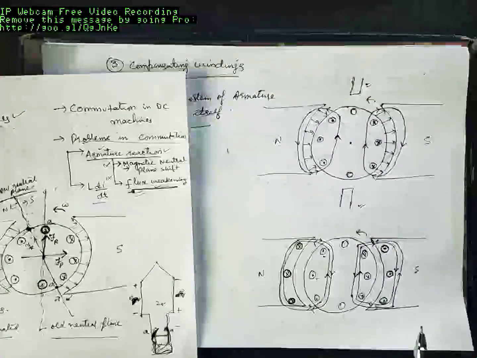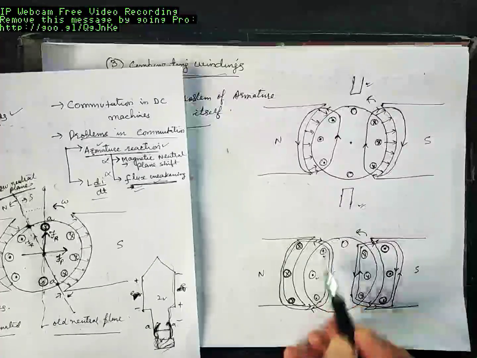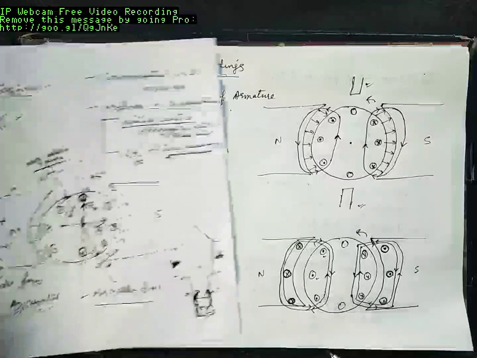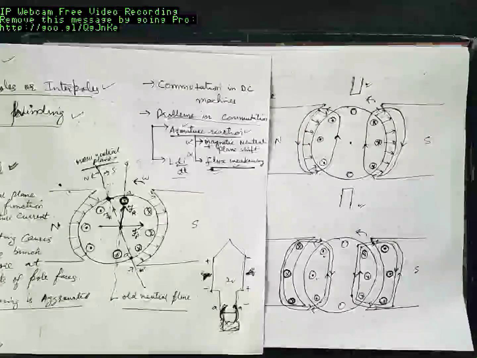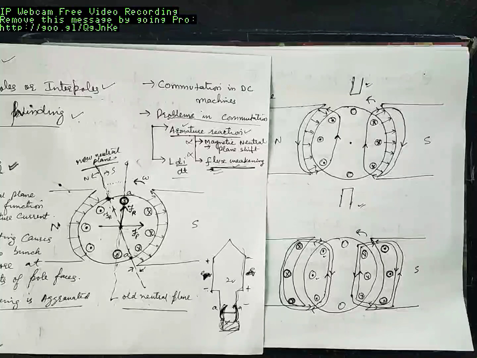Similarly, since this armature reaction, or magnetic field due to armature currents, is a function of the armature current, more the armature current, more the magnetic field, less the armature current, less the magnetic field. How does it take care of this?